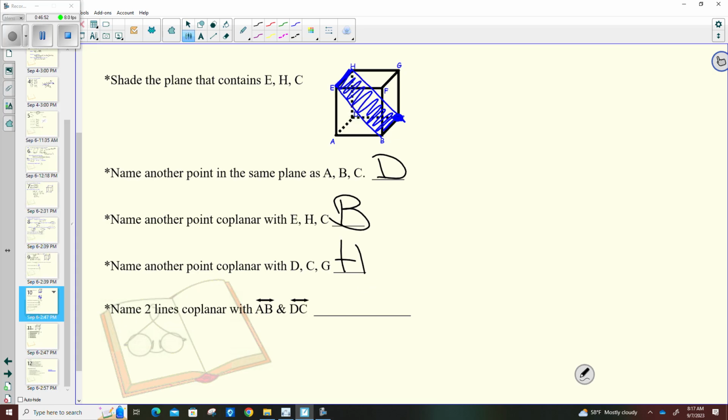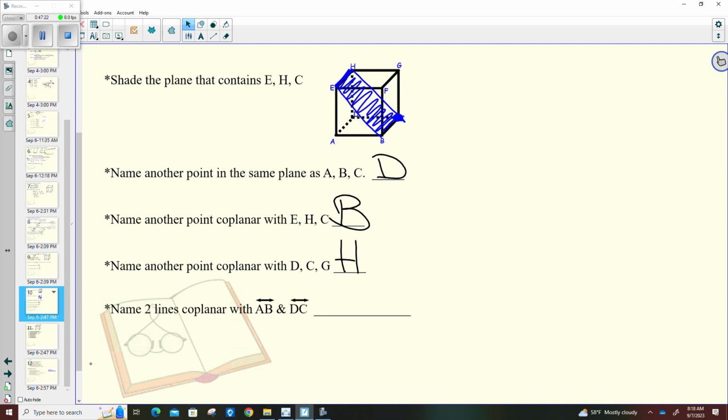Now, this is the fun one. I want you to write down on your paper before we talk about it. 2 lines that are coplanar with line AB and line DC. What's coplanar mean again? They're lines, but where are they located? In the same plane. So you need them to be on the same flat surface as line AB and line DC.